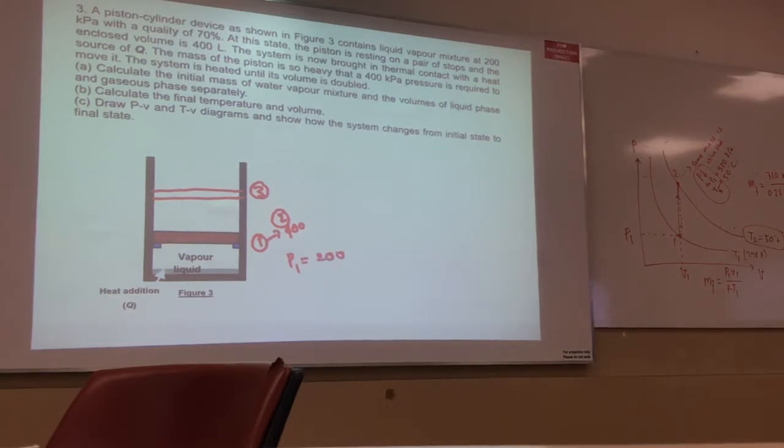P1 is 200 kilopascal. P2 at that point is 400 kilopascal. And P3 is also 400 kilopascal. Because 1 to 2 is a constant volume process and 2 to 3 is a constant pressure process. Okay? This is the understanding.